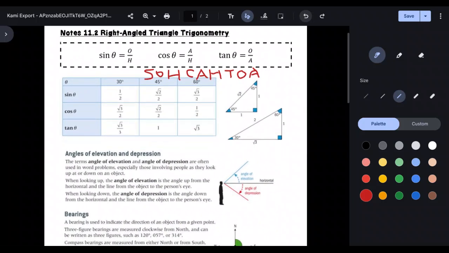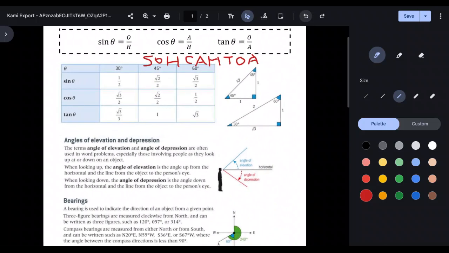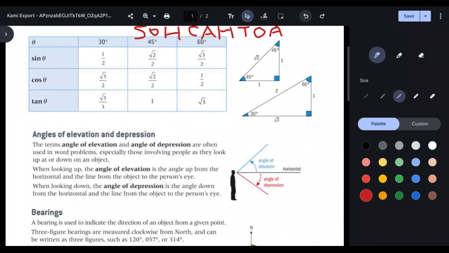All right, first we're going to go over the angles of elevation and depression. I'll just underline some terms here. The terms angle of elevation and angle of depression are often used in word problems, especially those involving people as they look up at or down on an object. As you can see from this image, if the person is looking up, that's the angle of elevation, and looking down would be the angle of depression.